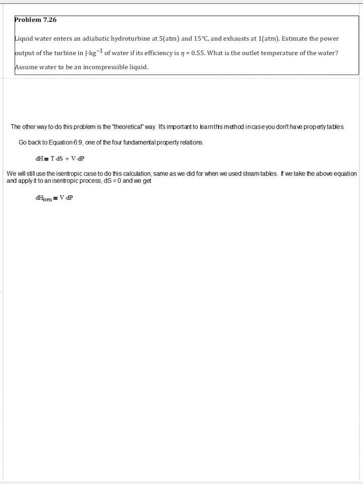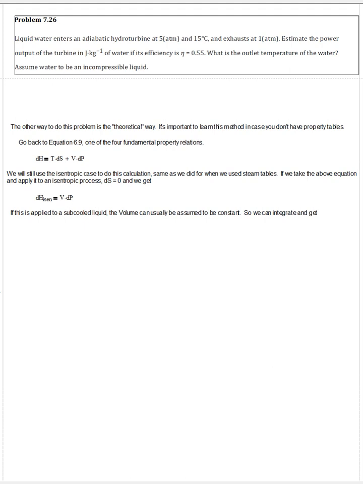All right. So if it is applied to a subcooled liquid, what can we say? Well, the volume is usually constant. We're assuming it's an incompressible liquid, so we say that volume is constant.